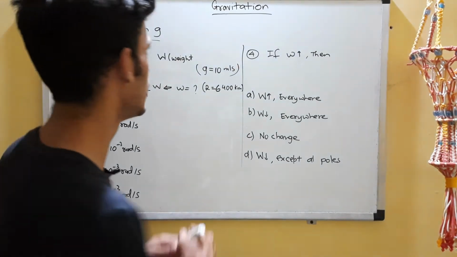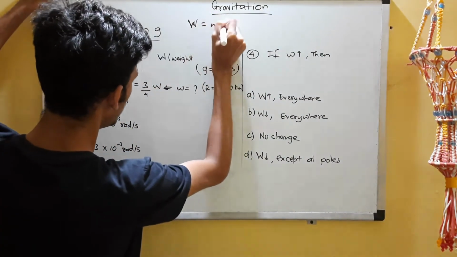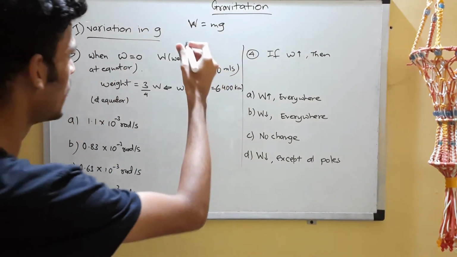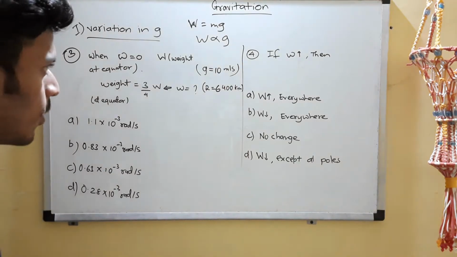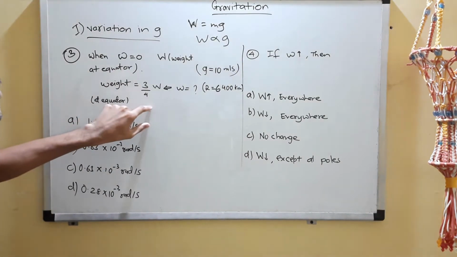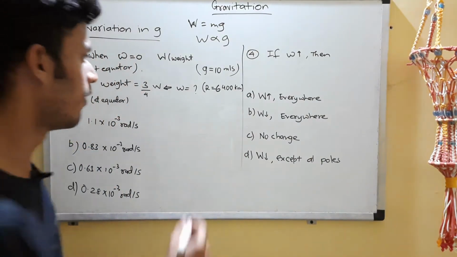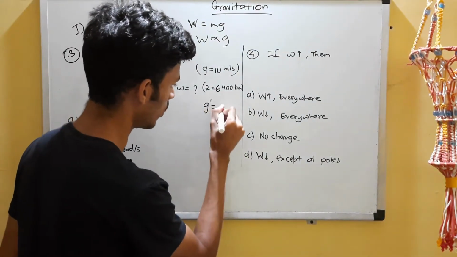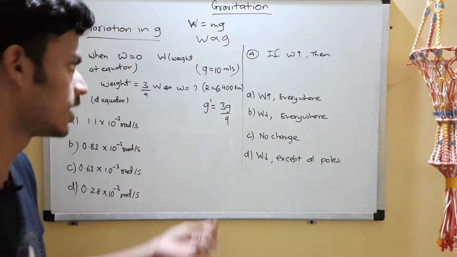So basically you can see that weight is given as mg, right? A mass of the object of course remains constant. Weight is directly proportional to acceleration due to gravity. So in this case where the weight is becoming 3/4, actually the acceleration due to gravity is becoming 3/4. That is why the weight is becoming 3/4. So just picture it.